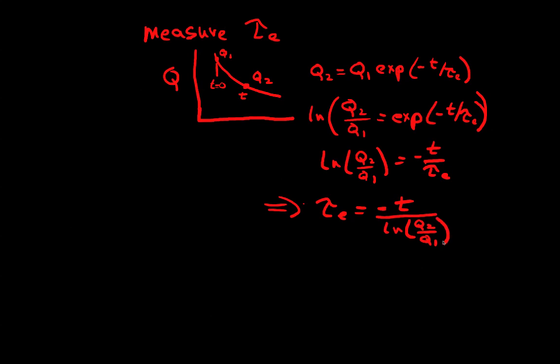Bingo! Okay, let's take some examples. What if Q1 is 3,500 cubic meters a second, Q2 is 1,500 cubic meters a second, and the time it took to go from a flow of 3,500 to 1,500 was 100 days.